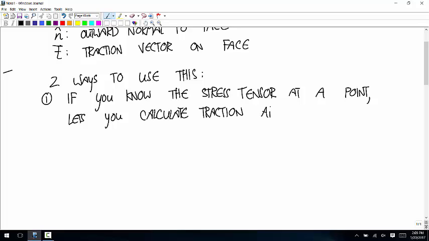So the traction at that point on a chosen face. Stress tensor always refers to a single point. That 3x3 matrix, the stress tensor, represents a single point. All of those values represent a single point.